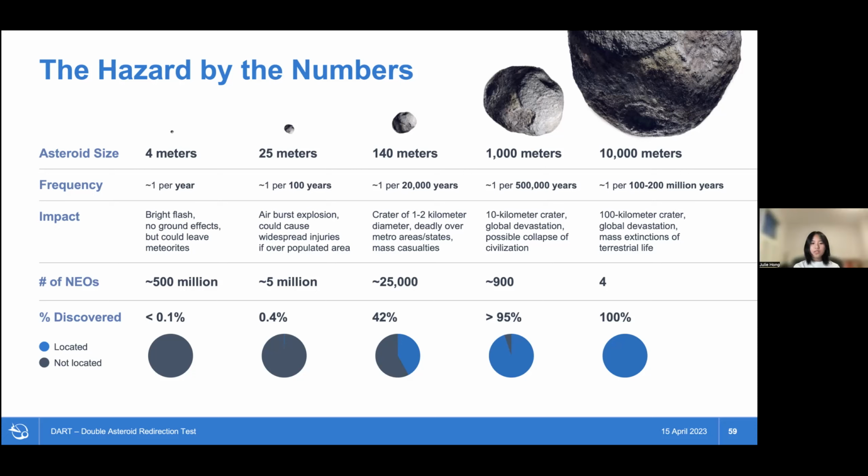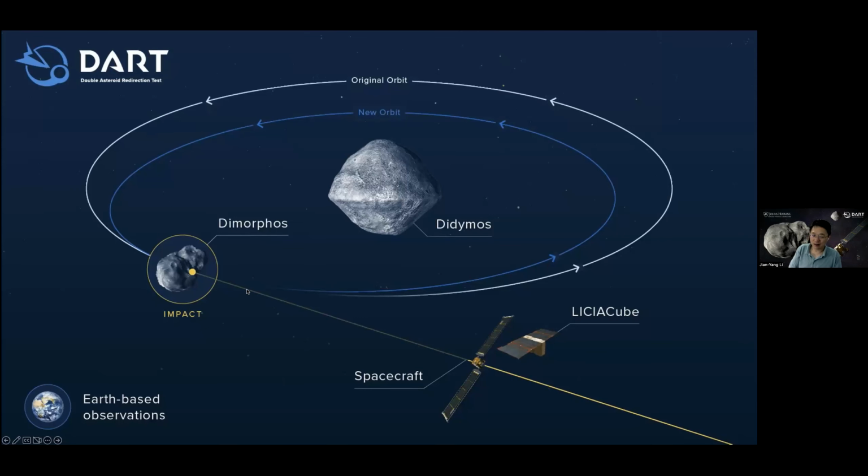Why was the binary asteroid system selected for the DART experiment, instead of a single asteroid? I think we covered this in a few slides earlier. Simply speaking, a binary asteroid has a slower orbital speed, so if we push it a little bit, it makes a big change to its orbital period, which is easier for us to measure.